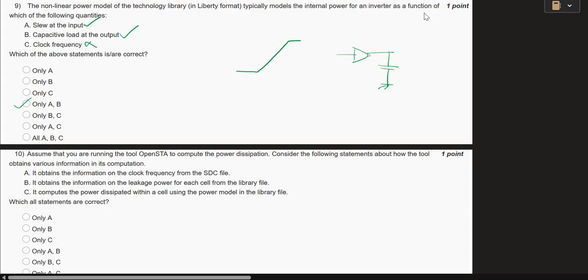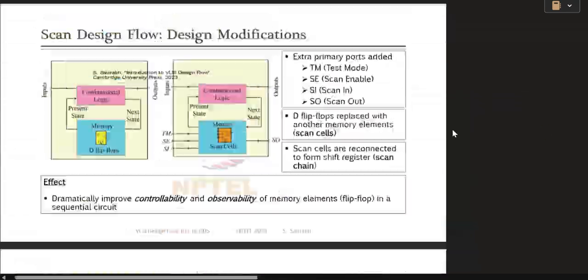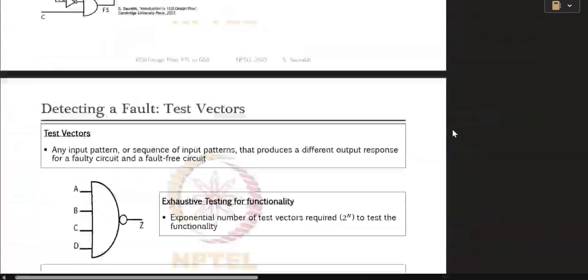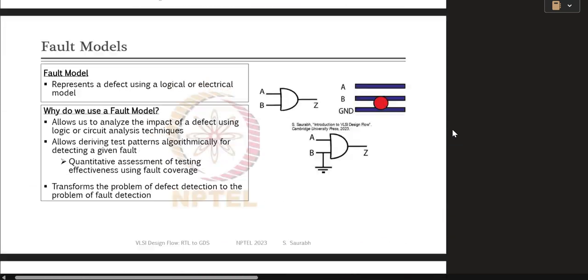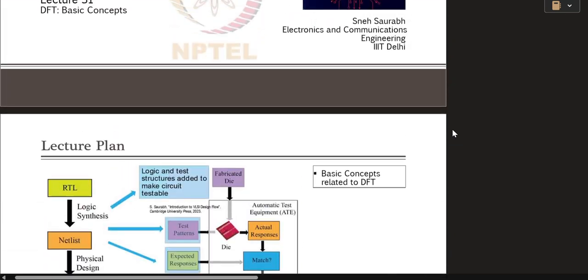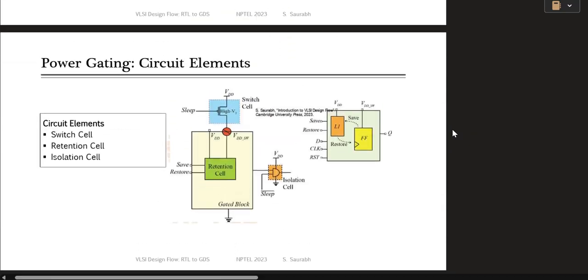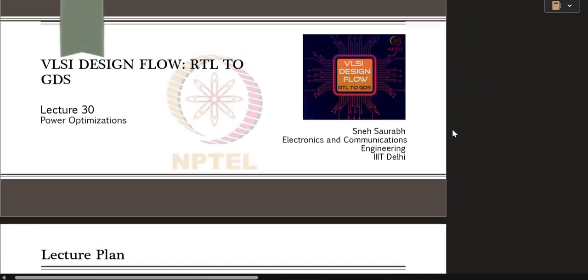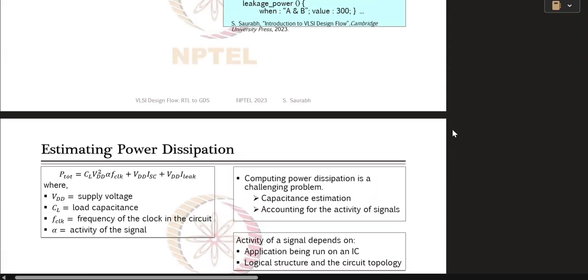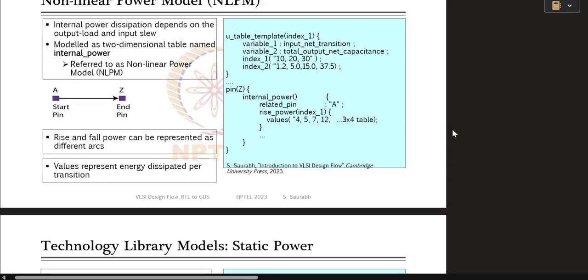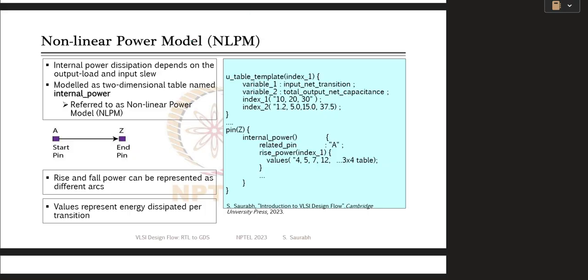Okay. Non-linear power model, let me give you the reference also where it is. I remember it was there in one of the slides. Right. Here if you see, in non-linear power model, the power dissipation depends on the output load and input slew.